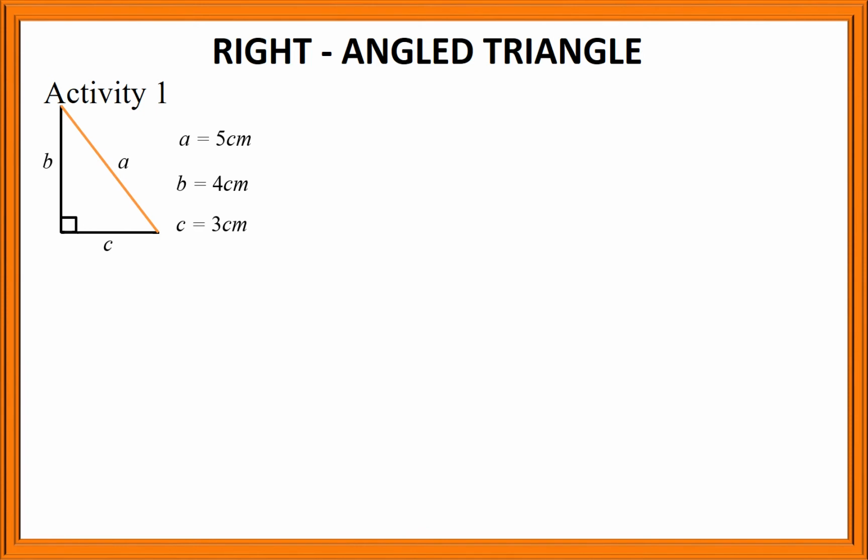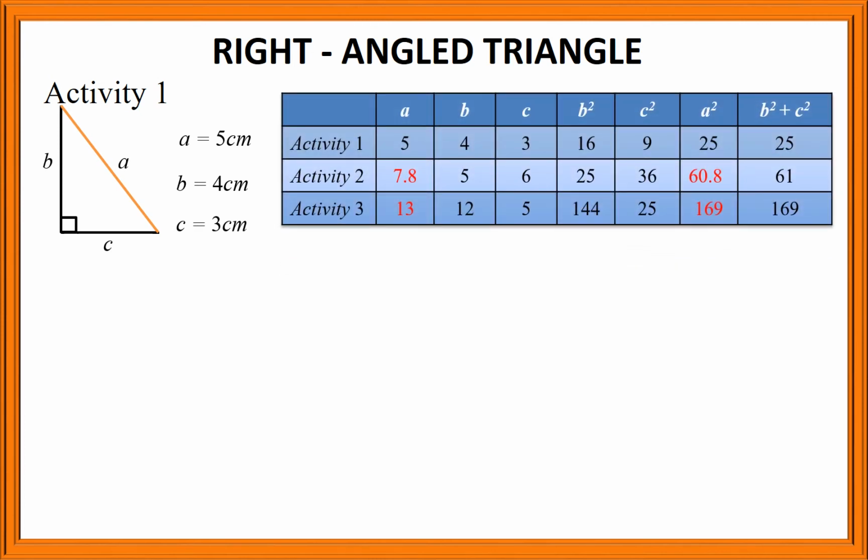We can repeat this activity for several values of B and C. I've done that using two additional activities, which are represented in the table here. In the table for activity 1, we realize that the value of B is 4, the value of C is 3, and that of A when we measure is 5.